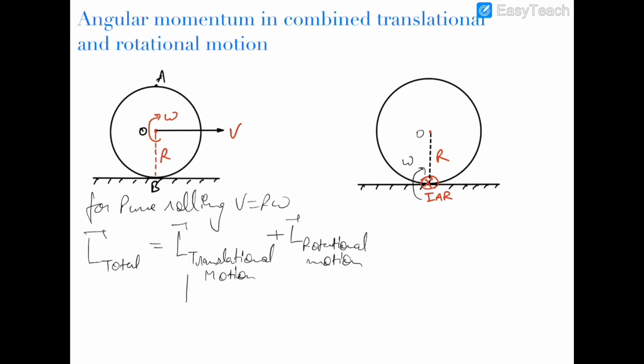So L translational will be equal to, and it can be calculated by mvr.